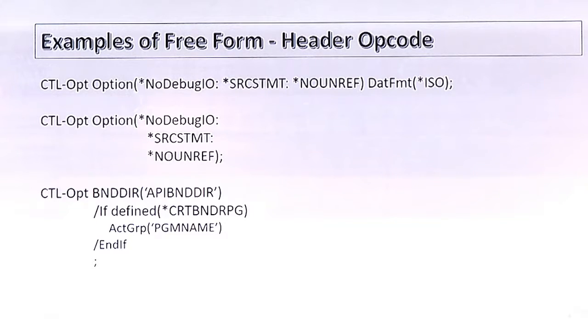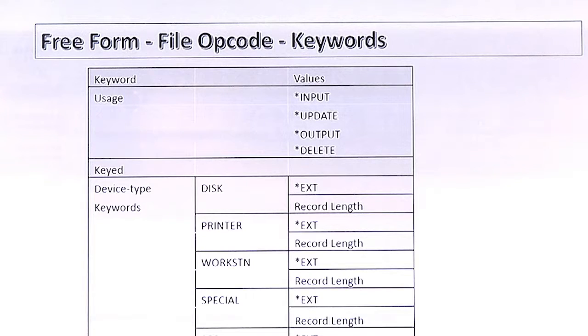And notice how you can have one continuous line here, like on that if statement down here. And see how everything is just a keyword now that you've got within there on the options and on the date format. Okay, and then on the file specs, well, there's a lot you need to know about that.